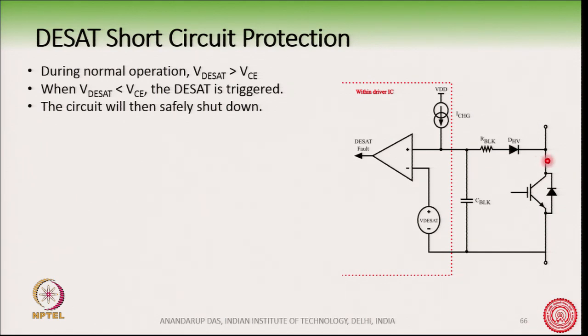So, when this collector emitter voltage crosses this VCE SAT, then this op amp is forward biased and this pin probably will go high. Okay. So, the circuit will detect the short circuit condition in the IGBT.